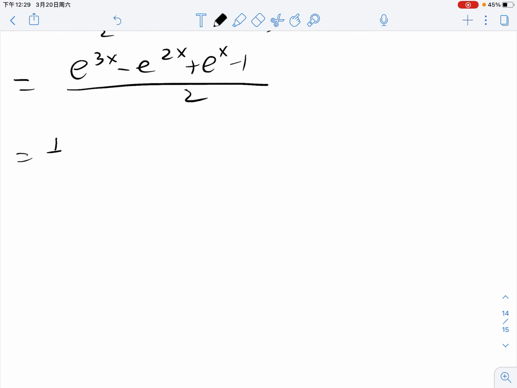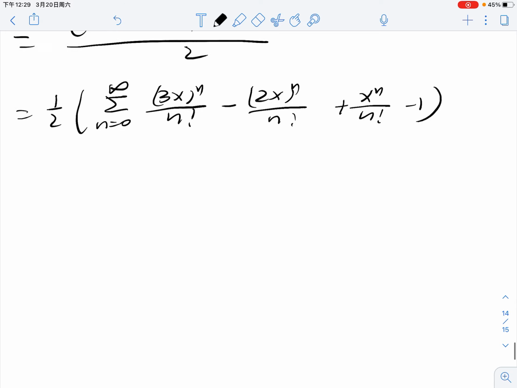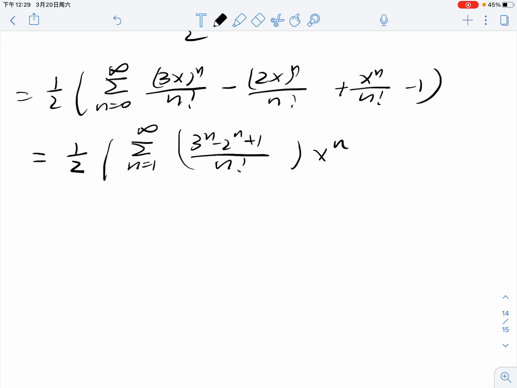And then now you can write down the coefficients, by the formula for exponential functions. Then you have 1/2 times the summation from n equals 1 to infinity of (3^n minus 2^n plus 1) over n factorial times x to the nth power.